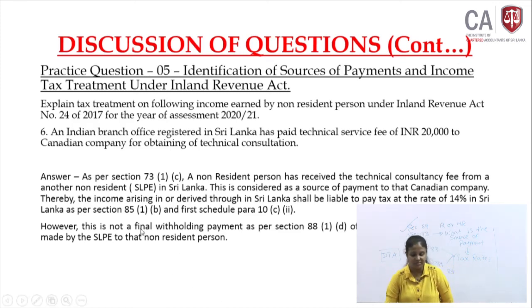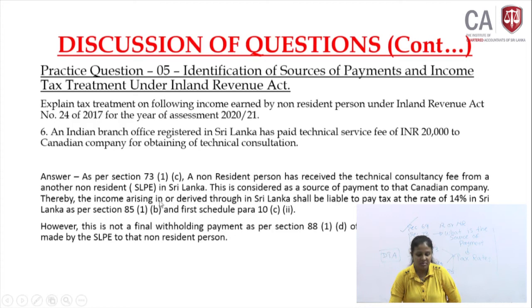As per section 73 subsection 1c, a non-resident person has received the technical consultancy fee from another non-resident, the Sri Lankan permanent establishment in Sri Lanka. This is considered as a source of payment to the Canadian company. Anyway, for that non-resident person, it is a source of payment in Sri Lanka.